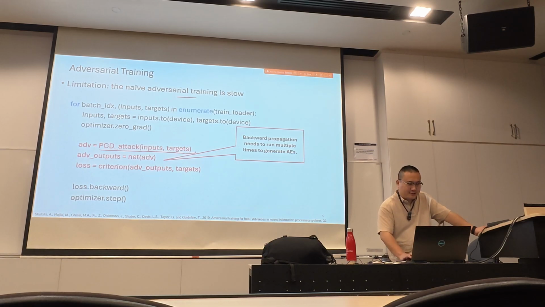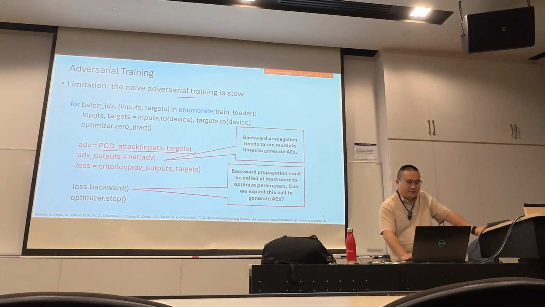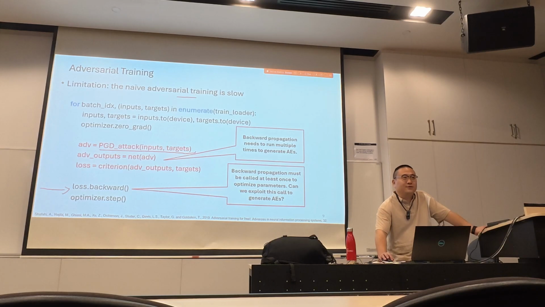And then the next question is, how can we improve the adversarial training? How can we improve the efficiency? Here we notice that when we train the model, we anyway need to calculate the gradients at least once, because we need to update the model parameters. This is done when we run the backpropagation with respect to the loss function.